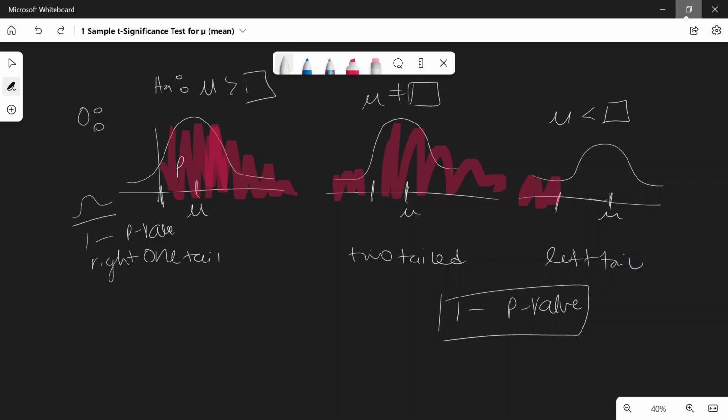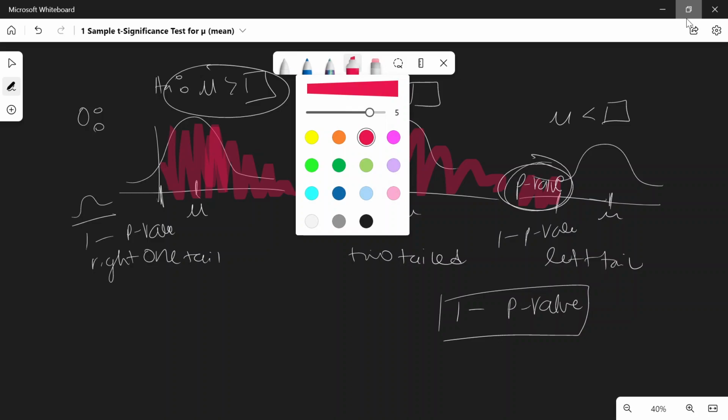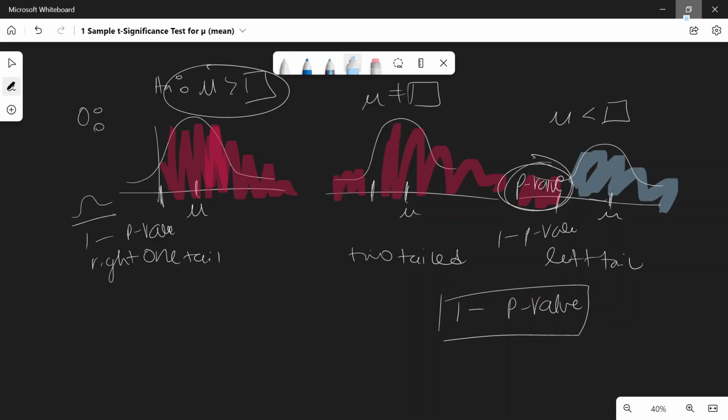It's actually calculating this when I'm asking for this. So when I do 1 minus that p-value, it's going to give me this. And that's what I want, right? Hopefully that makes sense. I'm going to restart the video and do this again.